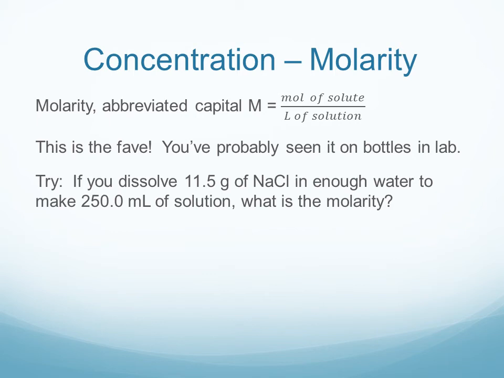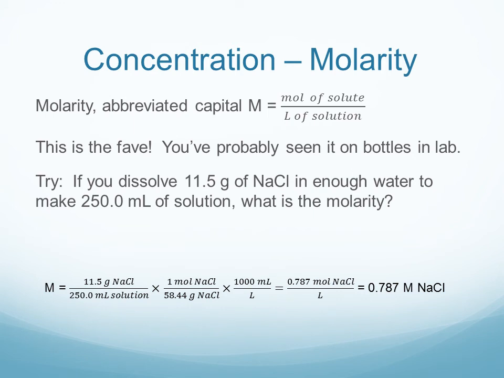If we dissolve 11.5 grams of sodium chloride in enough water to make 250 milliliters of solution, what would the molarity be? So the first thing we need to do is figure out what we have. We're given grams of sodium chloride and milliliters of solution. We need to convert this to moles per liter.